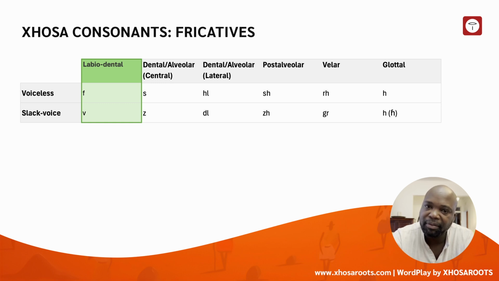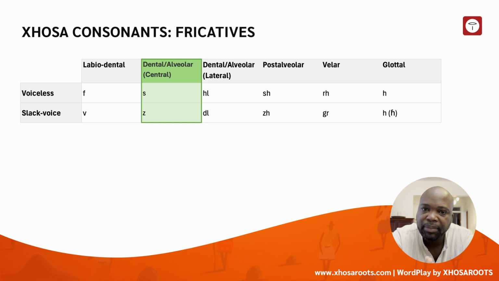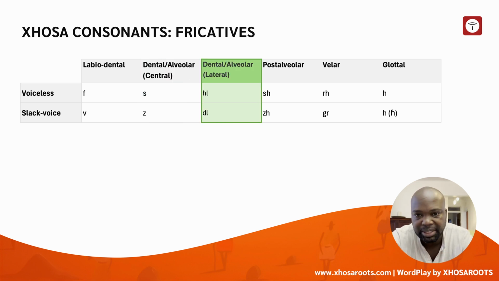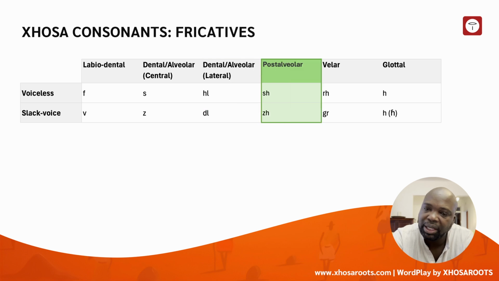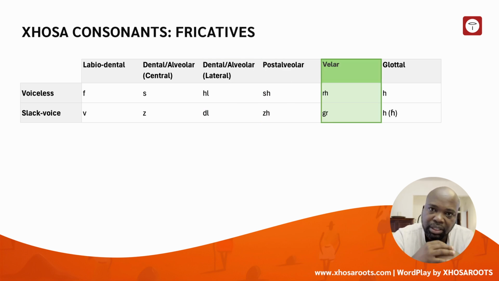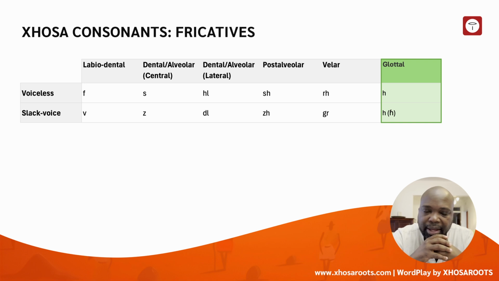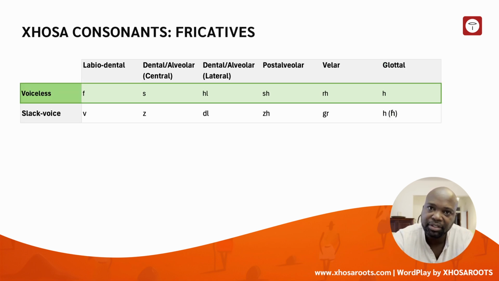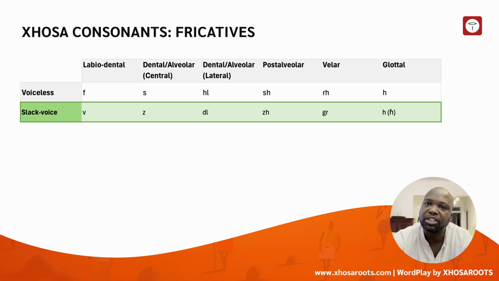And then we have the dental alveolars again. First, those are central, and then we have the lateral ones. And then we have the postalveolar sounds, the velaric sounds, and then glottal sounds. And these come in two variants again. You have the voiceless versions, and then you have the slack voice versions.